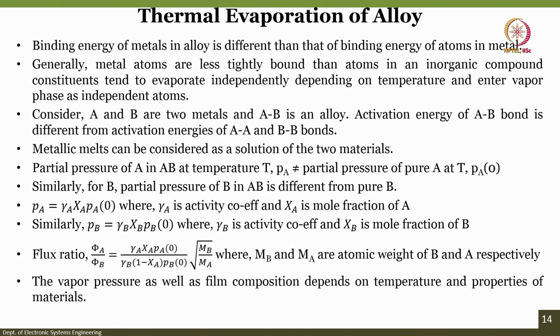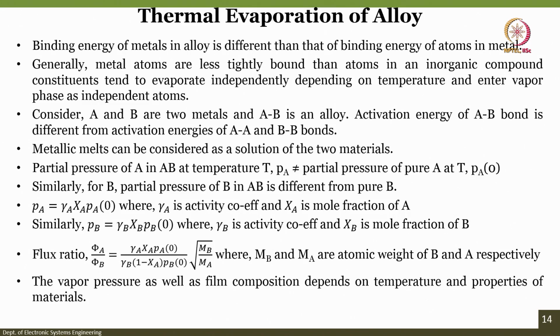Constituents tend to evaporate independently depending on temperature and enter the vapor phase as independent atoms. Let us take an example: let us say A and B are 2 metals and AB is an alloy, a mixture of 2 metals. I hope that you know what an alloy is. Now, the activation energy of the AB bond is different from the activation energy of AA or BB bonds, you agree with that.